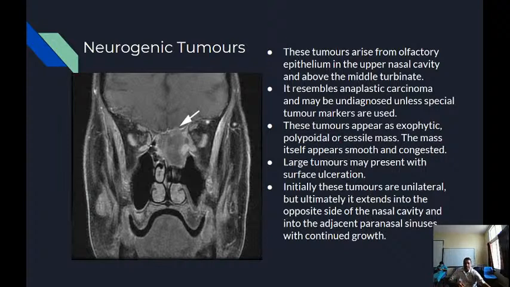Radiologically, this is the area where they grow. When these tumors grow rapidly, sometimes there is an ulceration, and these tumors are unilateral, but they keep on spreading, and by then they can sometimes become malignant.